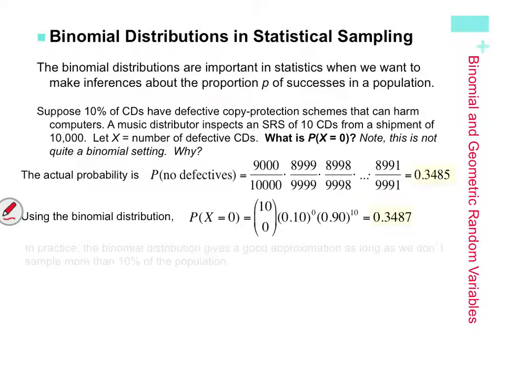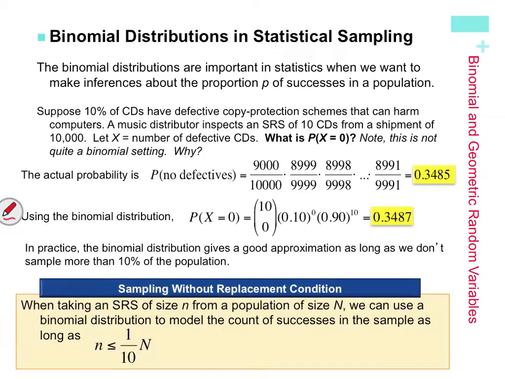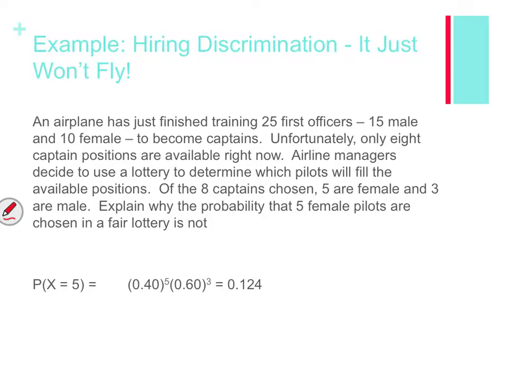That's known as your 10% condition. When taking an SRS of size n from a population of size N, we can use a binomial distribution to model the count of successes as long as your sample is less than or equal to 1/10 of your population. Okay, so this is just a quick example to show this.